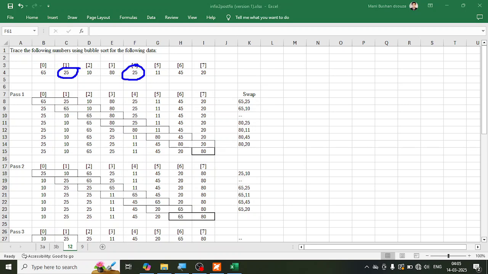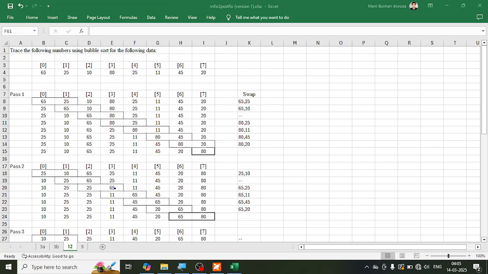So I just got confused whether I wrote it two times. You are going to compare 25 with 25. So you bring this 25 to this position and 65 to this position. So the second largest bubble is brought. The intention is to bring this 65 to the boundary over here.